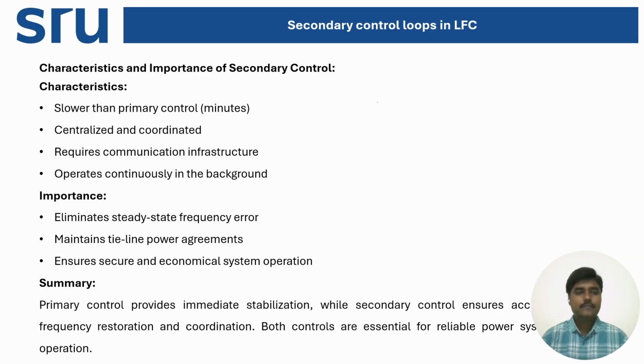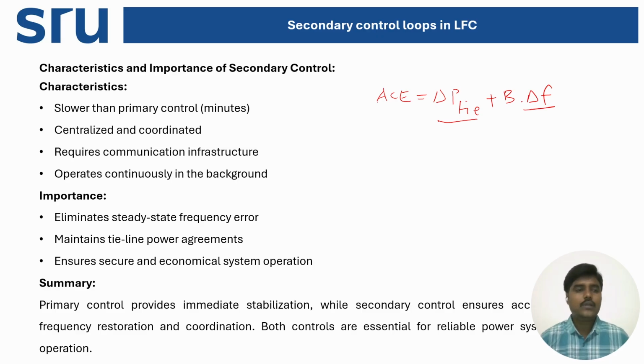Basically that particular ACE signal can be expressed as delta P tie plus B into delta F. The first term represents the changes in the tie-line power flow, and the second one represents the changes in the frequency, that means steady state frequency deviation.